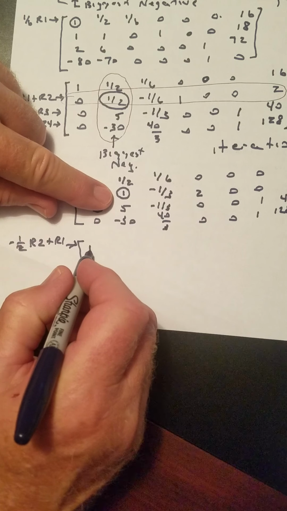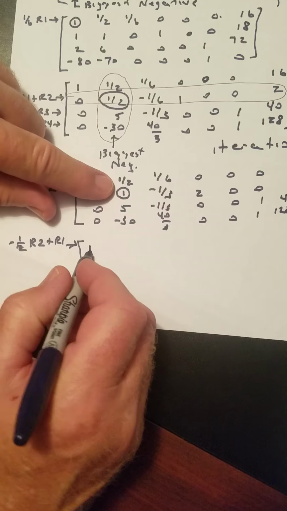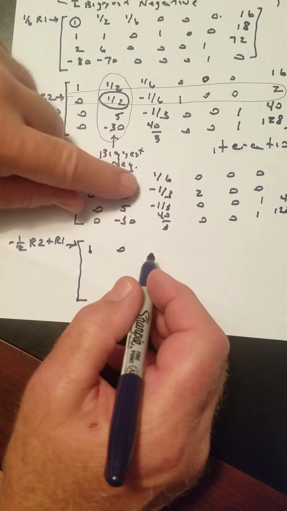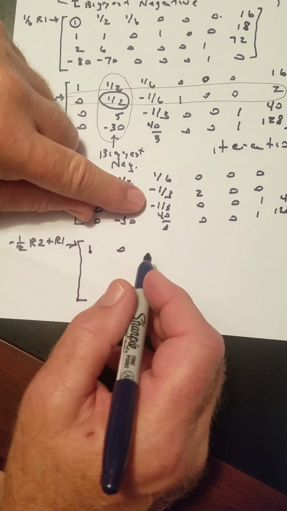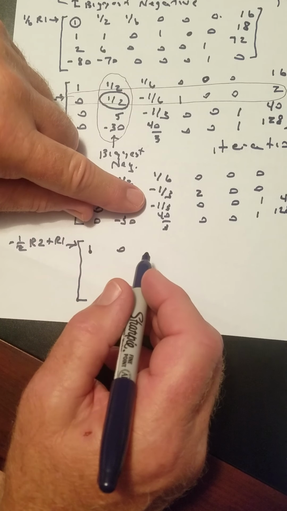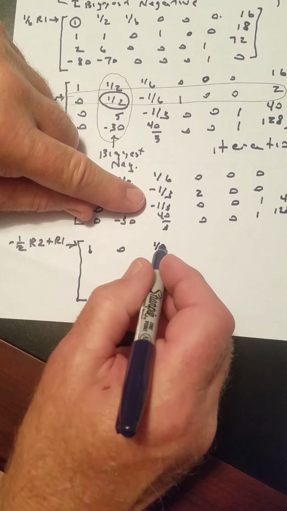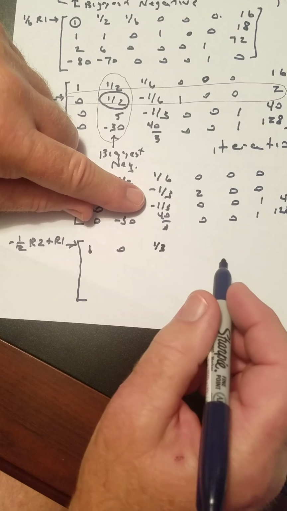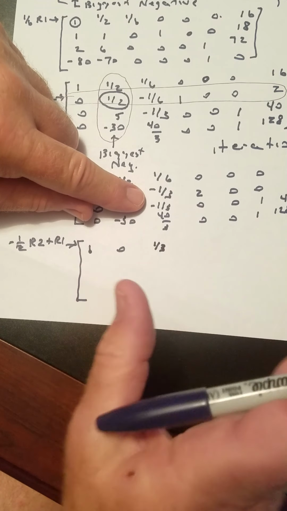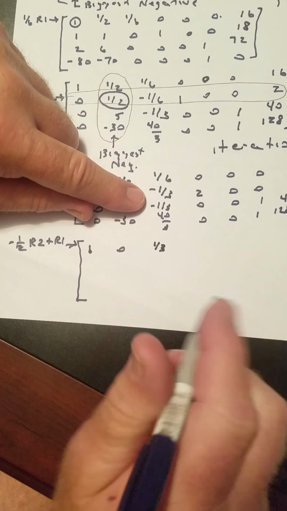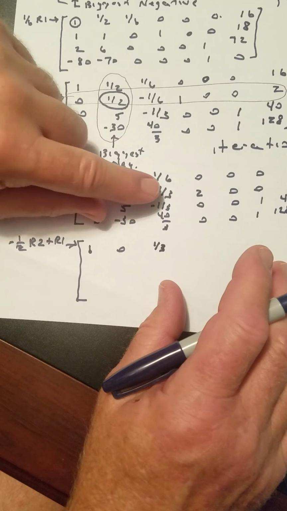Negative 1/2 times 1 is negative 1/2, plus 0 is 0. Negative 1/2 times negative 1/3 is 1/6. 1/6 plus 1/6 is 2/6, that's 1/3. I'm streamlining that. If you can't see where I got the 1/3, don't worry about that right now. Just follow along with what I'm doing with the rest of it.